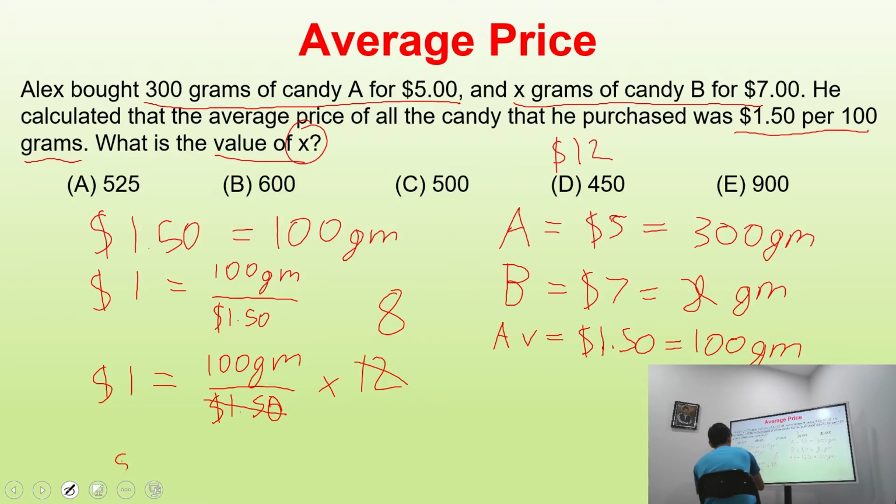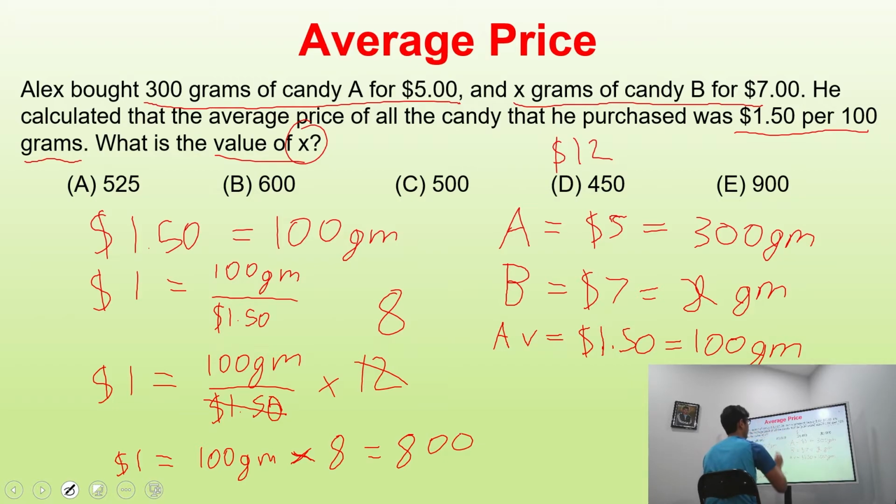So then I'll just rewrite our equation quickly. $1 is equal to 100 grams times 8. And then 100 times 8 is basically just, we should know this, 800. So right now we got 800 as our answer.